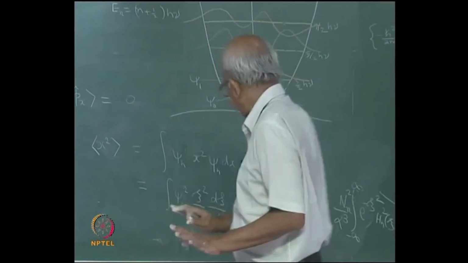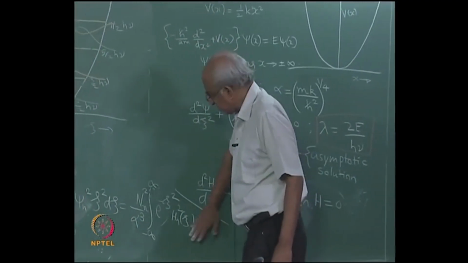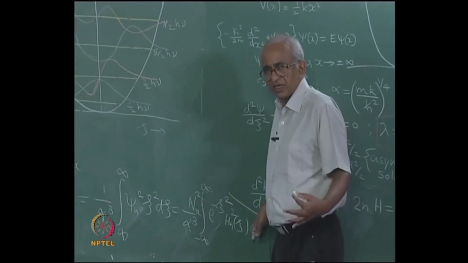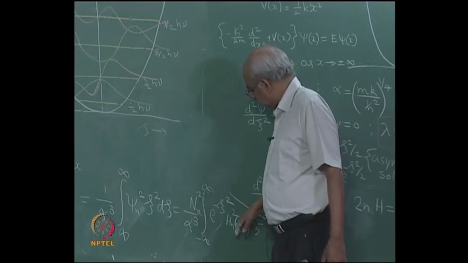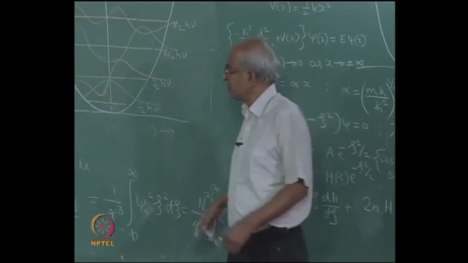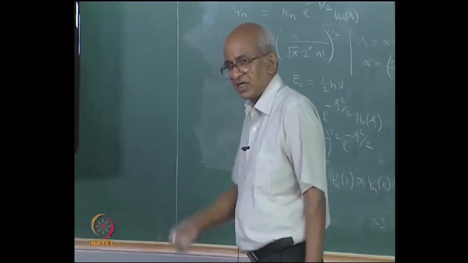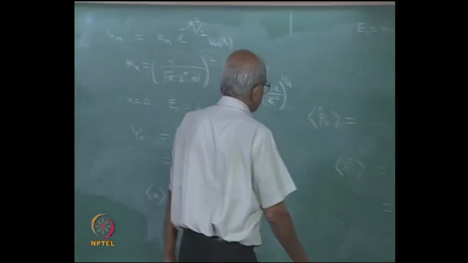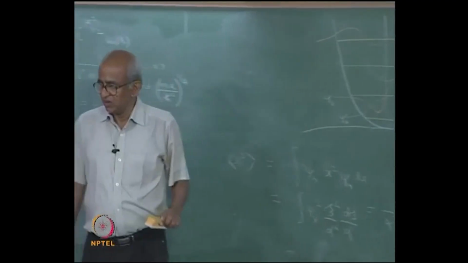Now, this is almost the normalization integral if it were not for the factor of c square and this alpha cube. This c square is there. So, you have a different integral, not the normalization integral. So, the question is how will you evaluate this? For that we can make use of one of the identities that I had derived earlier, to be taken from the book.